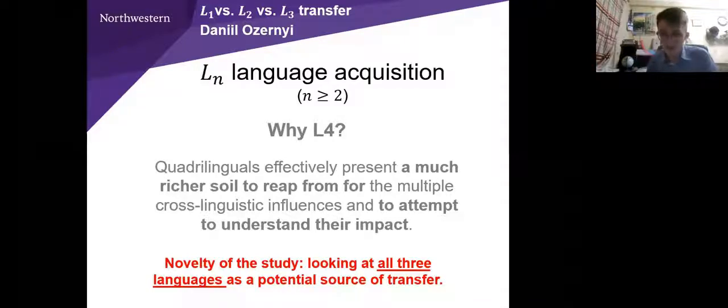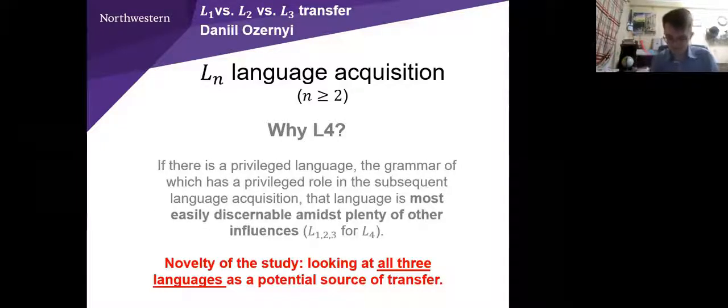In this way, L4 acquisition can also serve to resolve some disputes in L3 acquisition. To paraphrase more academically, if there is a language, the grammar of which has a privileged role in the subsequent language acquisition, that language is most easily discernible amidst naturally plenty of other influences, L1, 2, and 3 for L4.